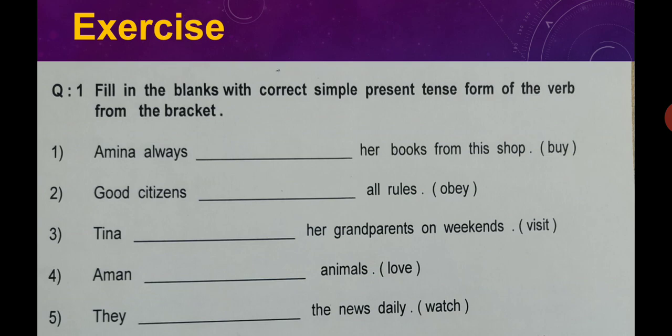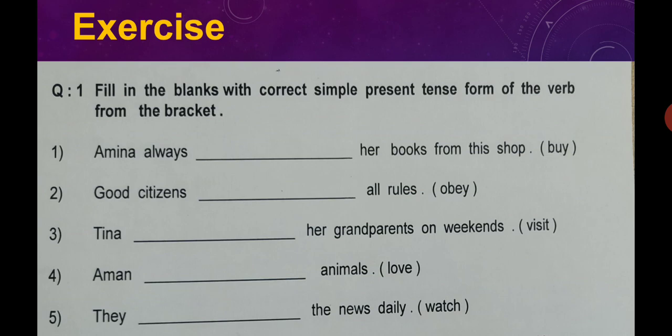So first is, Amina always dash her books from this shop. Here three nouns are there: Amina, books and shop. But the subject in the sentence is Amina. We are talking about Amina, right? Amina is a singular noun.